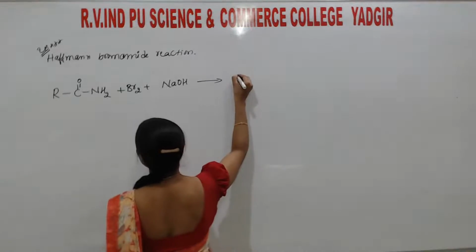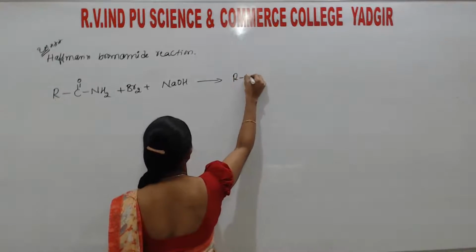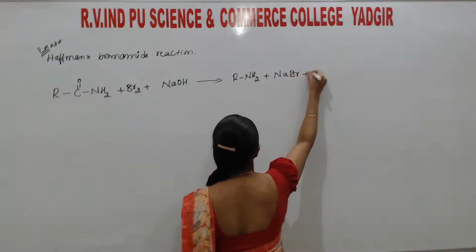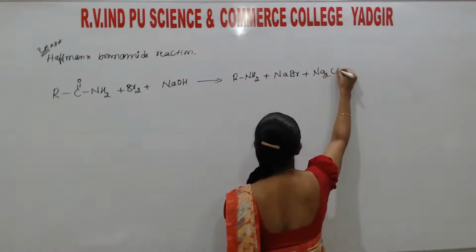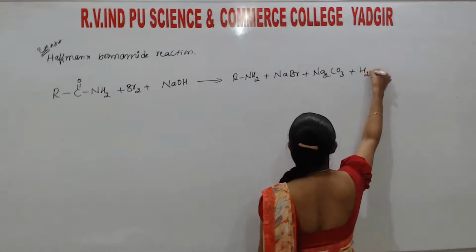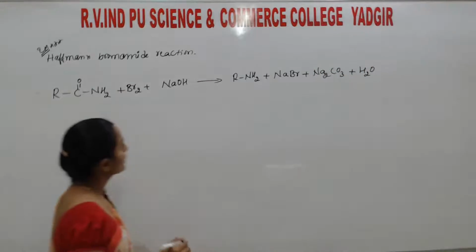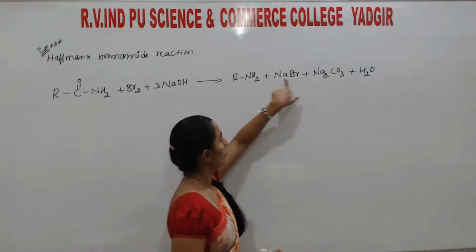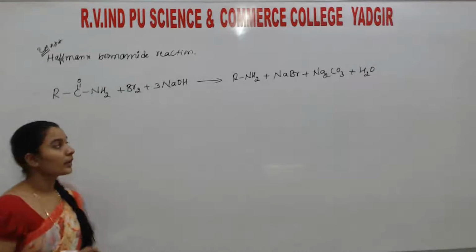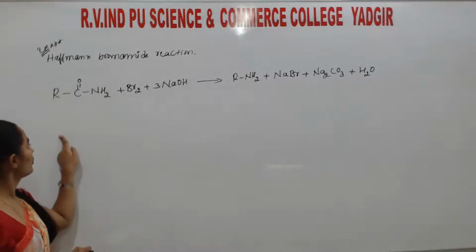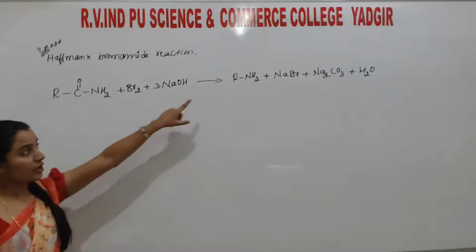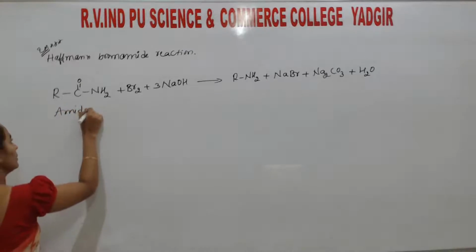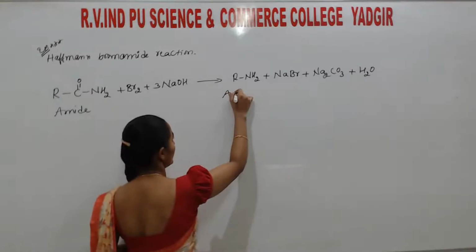So therefore, RNH2 plus NaBr plus Na2CO3 plus H2O. So students here, 3 moles of NaOH we want because we have to balance. This is what Hoffman bromide reaction is. This is preparation of amines from amides. So this is amide. This is amide.